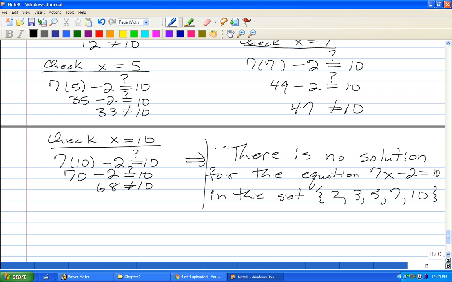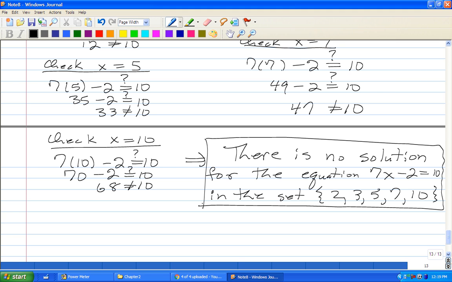So no, there is no solution in this particular solution set.